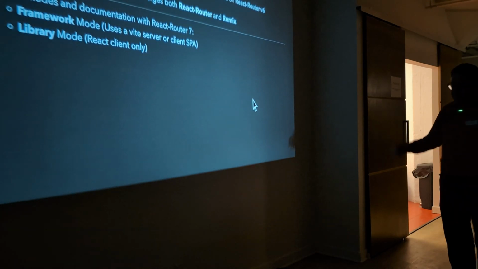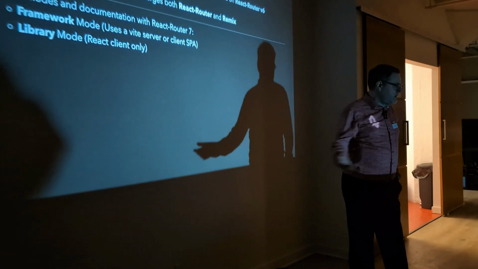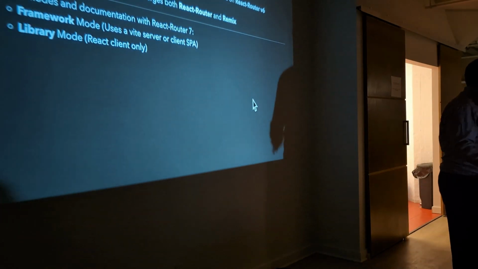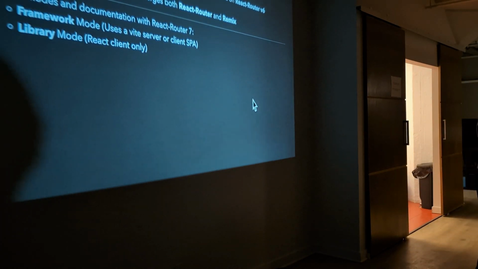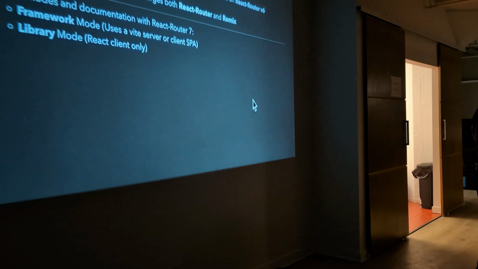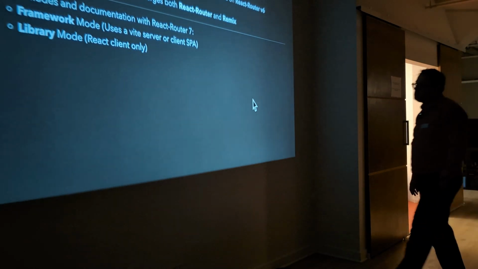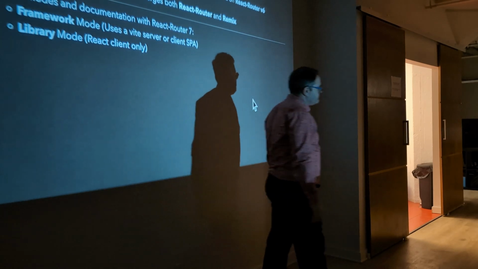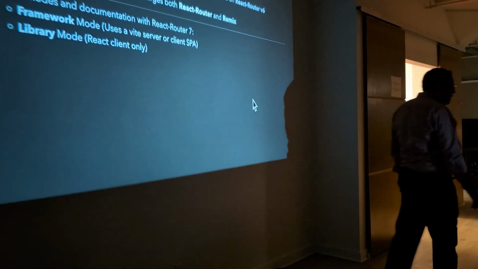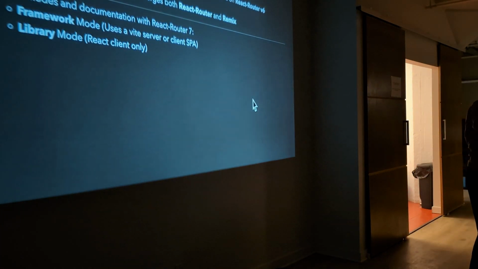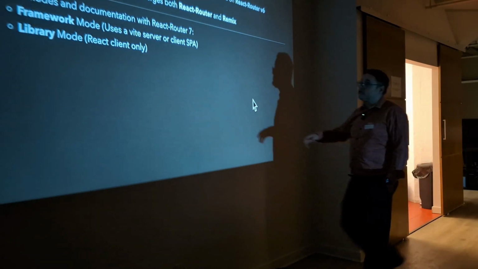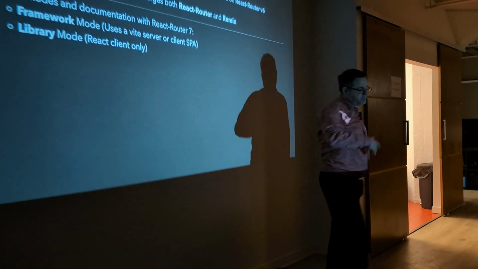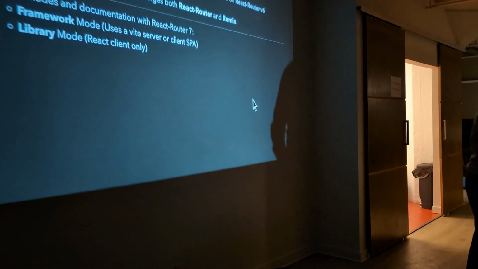If you're just upgrading a React Router application as is, and you're not touching a lot of stuff, the library mode will be perfect for you. But if you're creating a new project or you're migrating from Remix, you're going to use framework mode because it's going to offer you a lot more features.